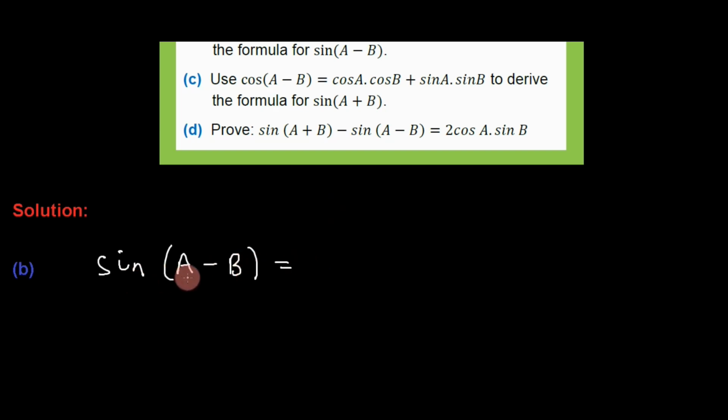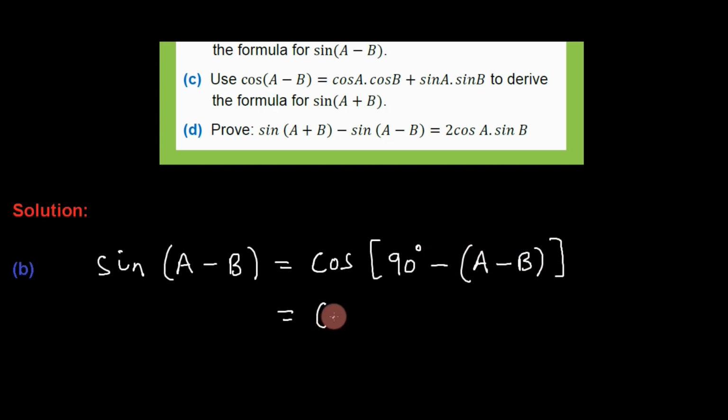So I'm going to write the sine of A minus B as the cos of 90 degrees minus [A minus B]. And we're going to simplify inside the square brackets again. So we're going to multiply the negative into the square brackets. So we get the cos of 90 degrees minus A plus B.